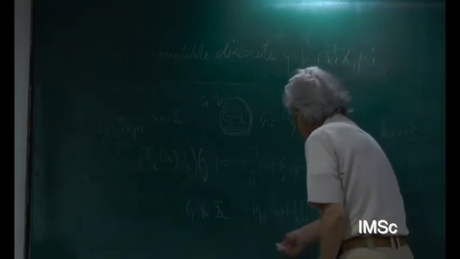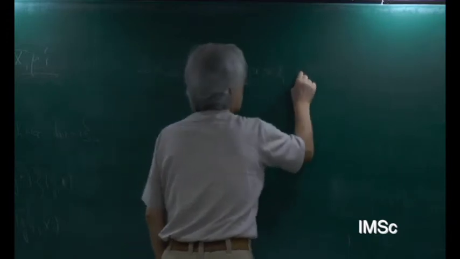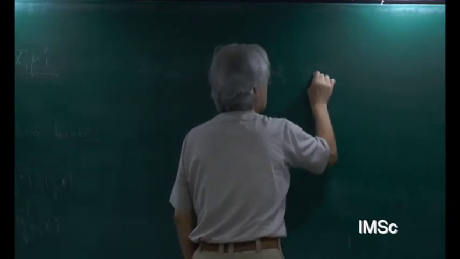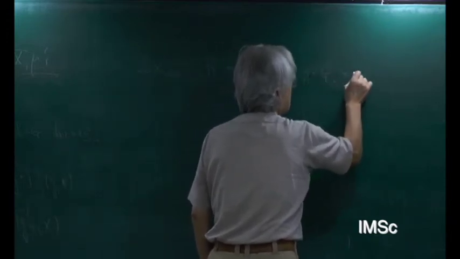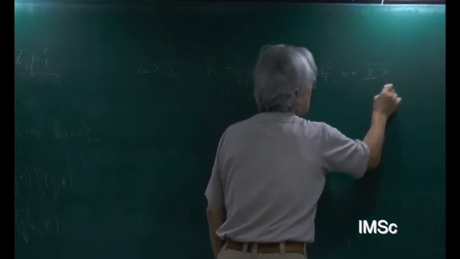So if you observe that, why don't you consider X cross X, and inside it R sub G, which is the graph of (gx, x), where g runs over G and x runs over X. It is a graph.